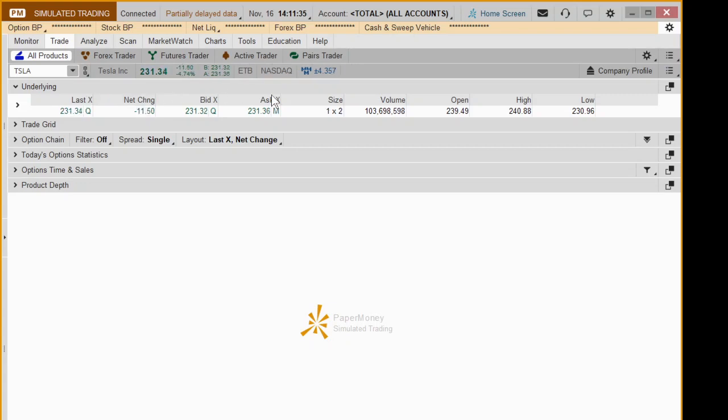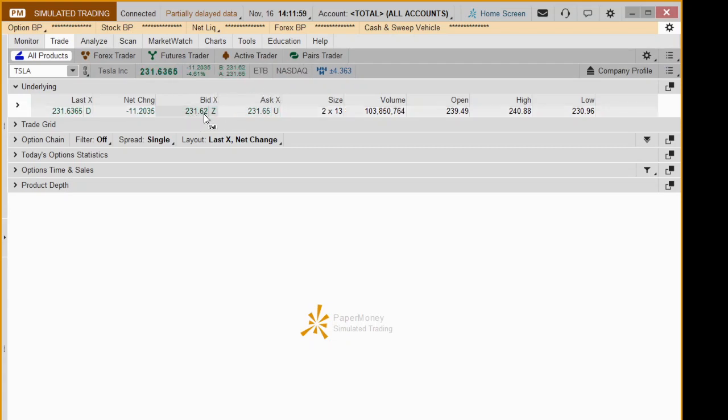The bid and the ask is quite easy. The ask is basically what you're buying. The bid is what it's selling. And in between is the spread. That's what the brokers get. So that's their commission. You want to keep the spreads pretty slim.